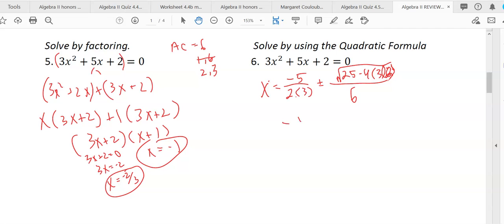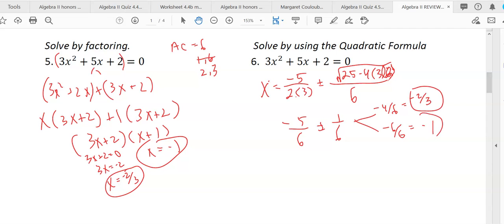So this is -5 over 6 plus or minus square root of 1. Two different answers, right? That's going to be negative 5 plus 1, which is negative 4 over 6, which is negative 2/3, and negative 5 minus 1 over 6, which is negative 1. So we get the same two answers, x equals negative 2/3 and x equals negative 1.